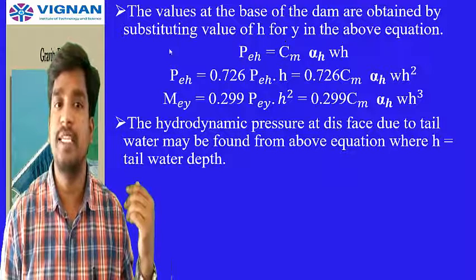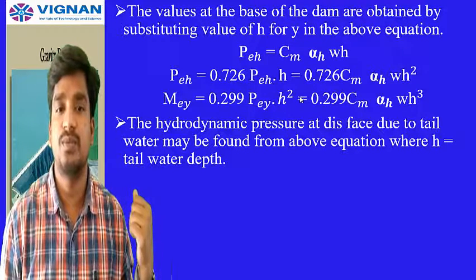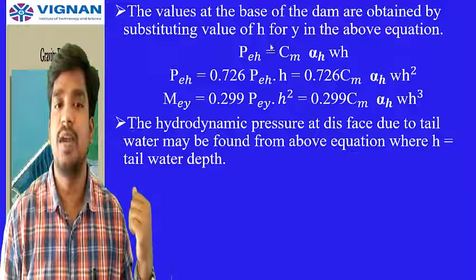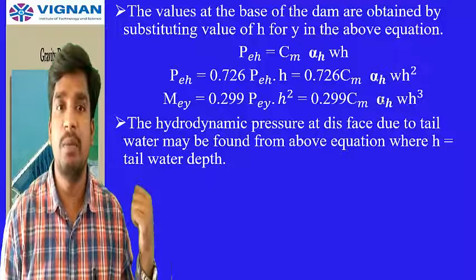If you substitute that height, then PEH is given as CM into alpha h into WH. So here PEH is equal to 0.276 into PEH into H. If you substitute this PE value in the equation, that is 0.276 CM into alpha h into WH square.